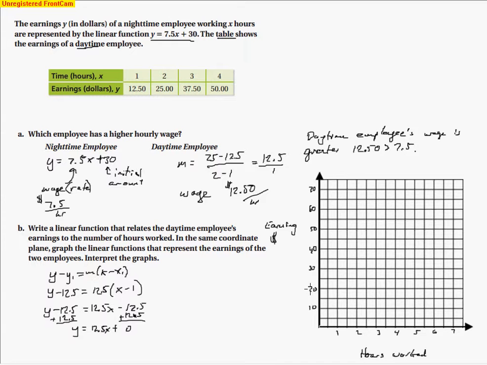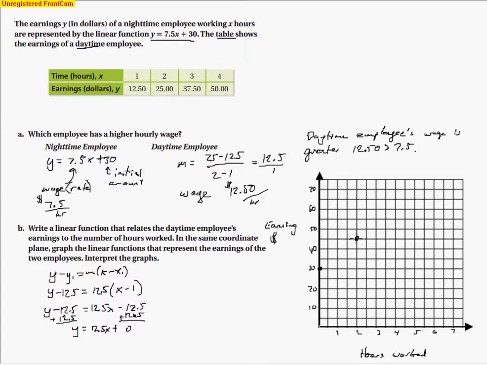All right, so the first one, the nighttime employee, we started off with $30, and then he earns $7.50 per hour. So $7.50 is hard to fit on here, but if I double $7.50, that makes 15. So going up 15 over 2, and I made 2 right here, that would be a point.